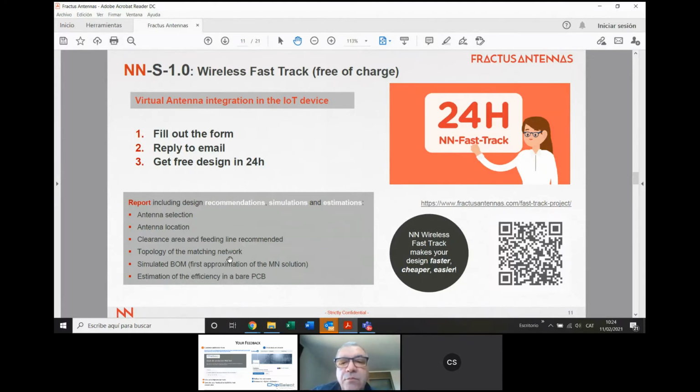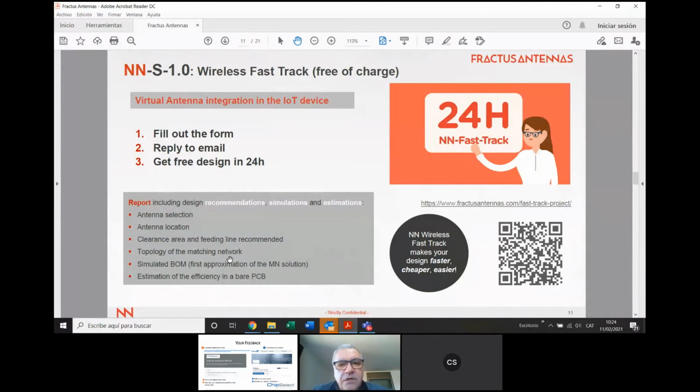So before investing any money in prototyping, before investing any hour in research, just by submitting your basic data in our link page on our website, we come up with a report where you can make the first feasibility analysis. This is amazing.